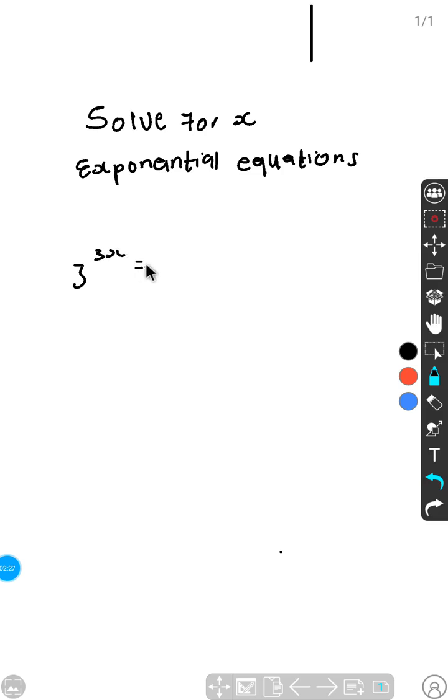Okay, let's proceed. Another example that we have is 3 to the power 3x is equal to 1 over 81. Okay, we have 3 to the power 3x. This side we need to have the same base as 3. So we're going to start first by changing this to have a negative exponent, right? And then we know that 3 to the power 4 is equal to 81.